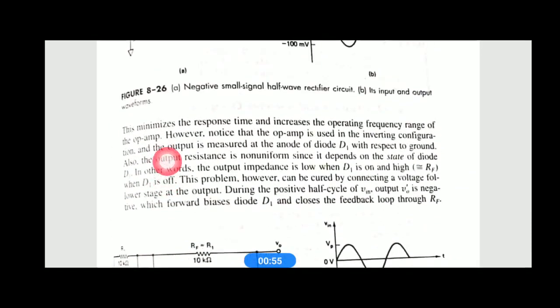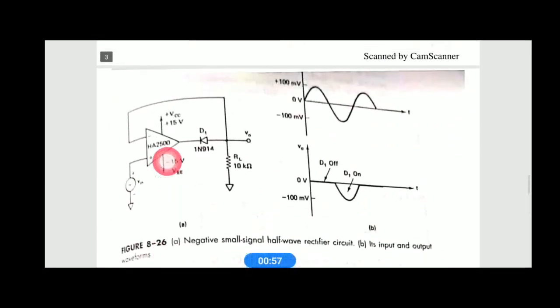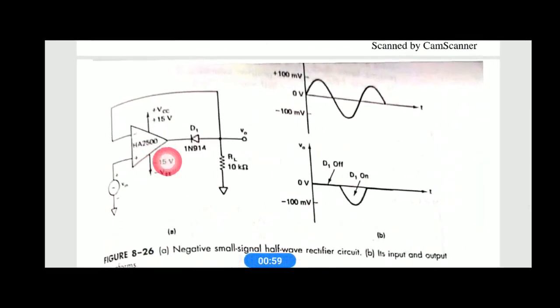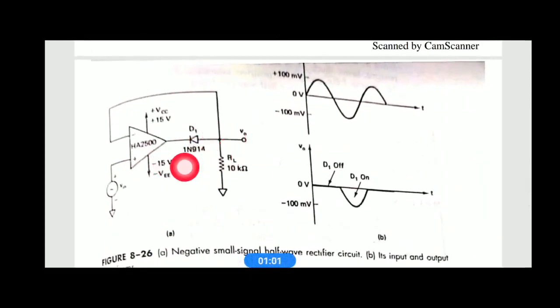The saturation problem which we are getting in the previous rectifiers, you can see in this rectifier where we are getting the output for only the negative half cycle. Here you can clearly observe that when we initially apply this positive half cycle, the output goes to positive saturation.